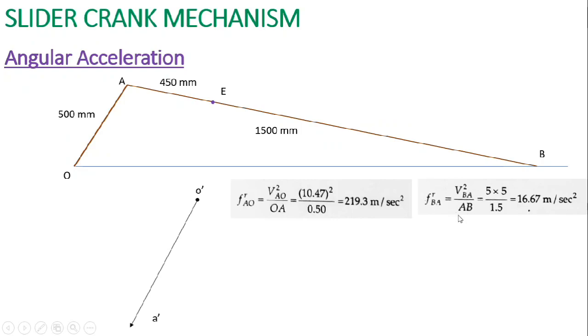Its direction is also known, which will be parallel to BA, and this comes to 16.67. So here we draw a 16.67 mm acceleration vector, which you can see here on the screen. Focus on my mouse pointer, you will get that acceleration vector. Is that clear? So 16.67 meter means 16.67 mm I have drawn here as the acceleration vector.